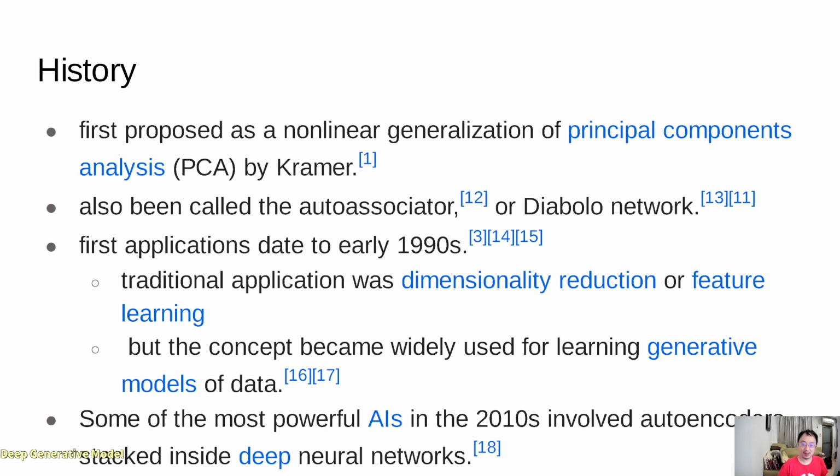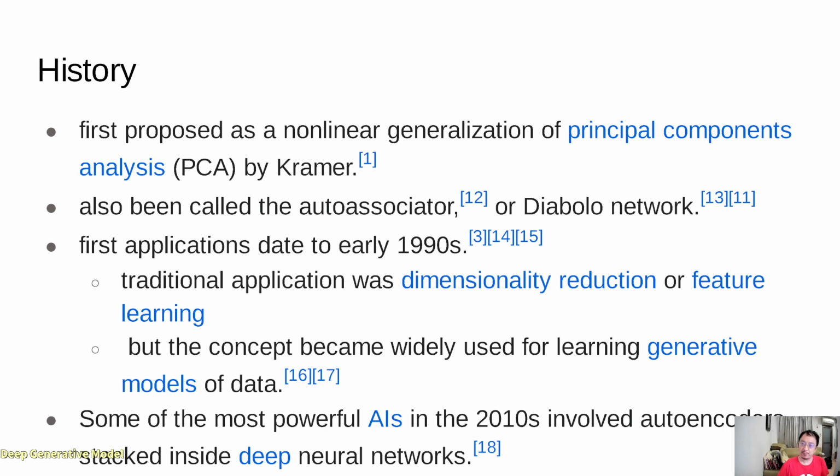It is not the only name of this kind of setting. However, right now I think autoencoder is much more popular than the other names. Its first application can be dated to as early as the 1990s.